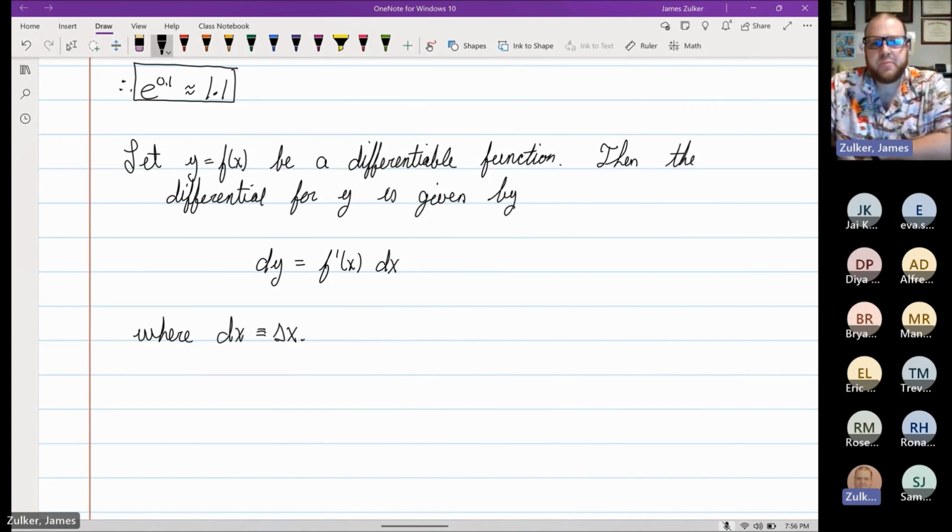Right. So what differentials allows us to do is they allow us to approximate how y will change, right? So approximate how an output changes at a point if we change the input.